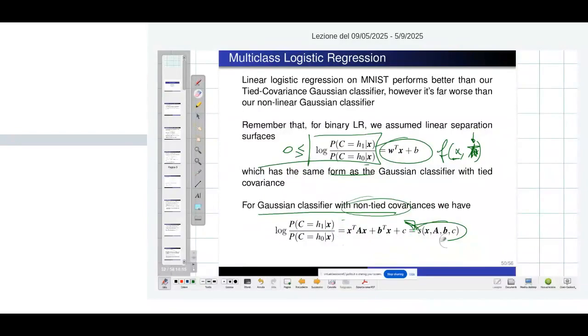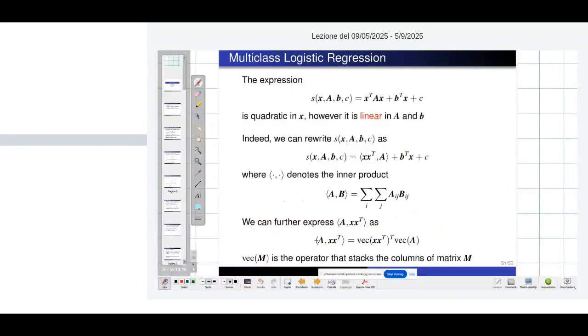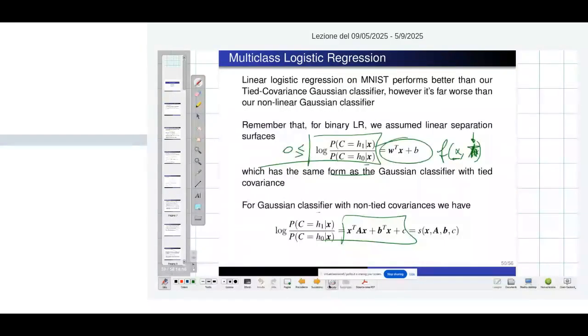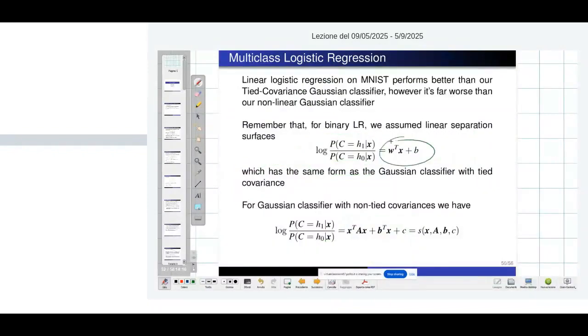We just assume that this is the separation rule, and then what changes? Well, with respect to what we did, nothing changes. We could go back, take the set of slides we did when we derived everything about the logistic regression, and replace every time we had W transpose X plus B with X transpose AX plus B transpose X plus C. That is, this was the score for the linear logistic regression.